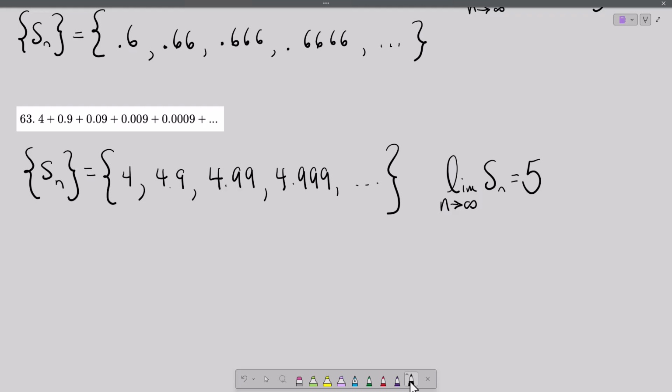So the one number that this sequence is approaching is 5. If you pick any other number other than 5, you can prove that it's not the limit. But 5 is the limit. These numbers are getting arbitrarily close to 5, infinitely close to 5, indistinguishable from 5. Lots of ways you can think about it.